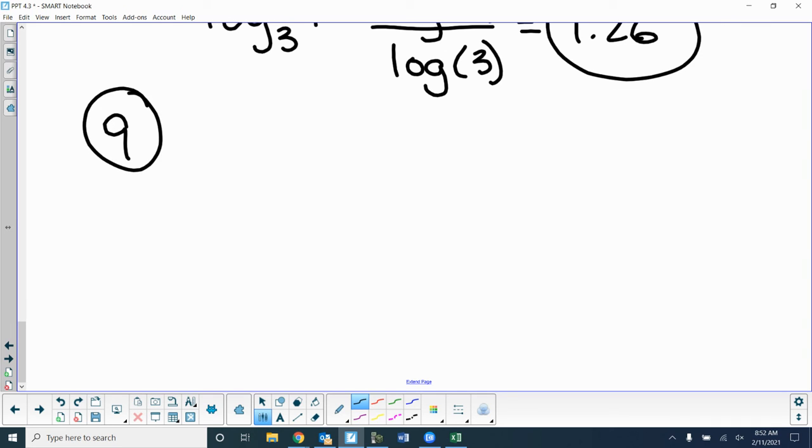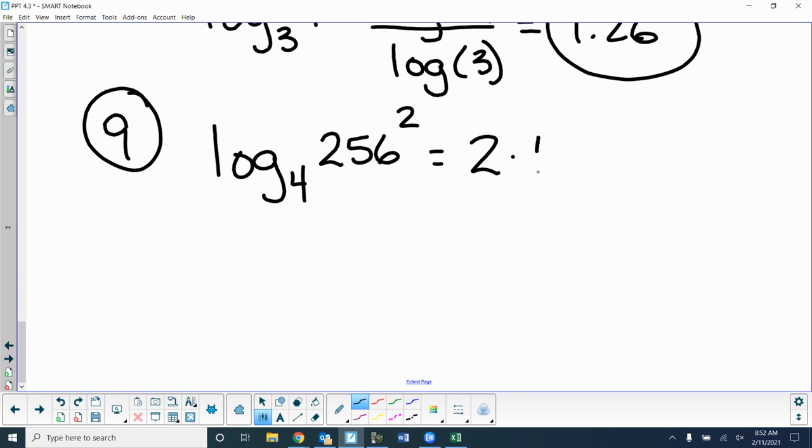All right, number 9, it just says simplify. So we've got log base 4 of 256 squared. Okay? So what's the little rule we learned about that exponent for the 256? Move it to the front, right? So this is the same problem, 2 times log base 4 of 256.